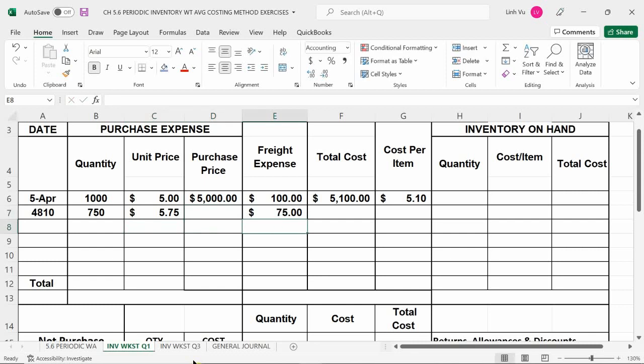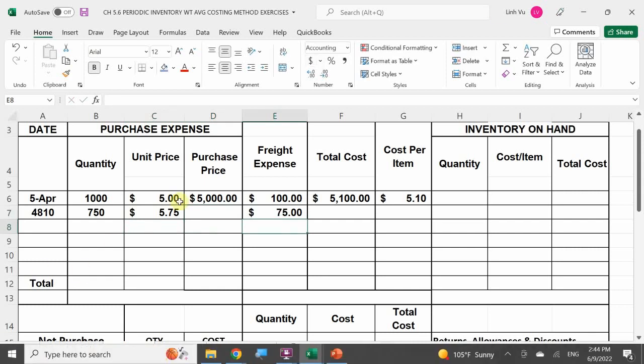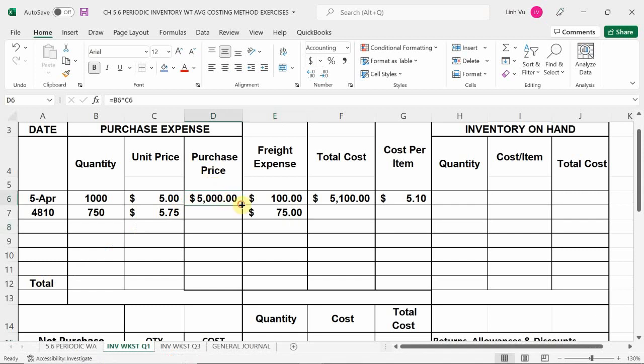So what is my total purchase price here? $4,312.50 plus $75 gives me a total cost of $4,387.50. Good, right? So let's see what's next.